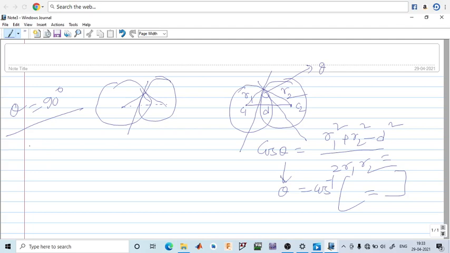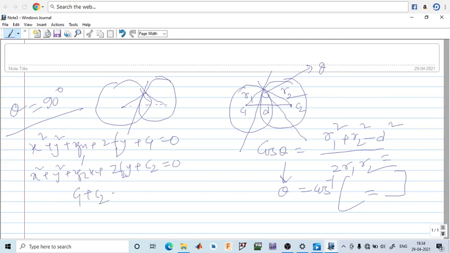If the two equations are x square plus y square plus 2g1x plus 2f1y plus c1 equals 0, and x square plus y square plus 2g2x plus 2f2y plus c2 equals 0, then what you are going to get for the orthogonality condition is c1 plus c2 equals 2g1g2 plus 2f1f2.